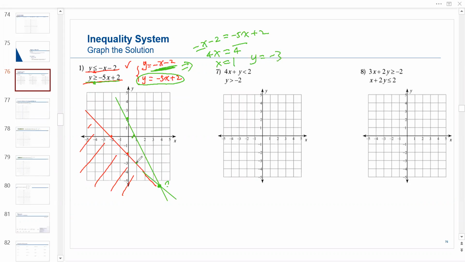I didn't graph this so well. Let me erase this part. So they are actually crossing at this dot. It should be like this. So we can graph the two linear lines.